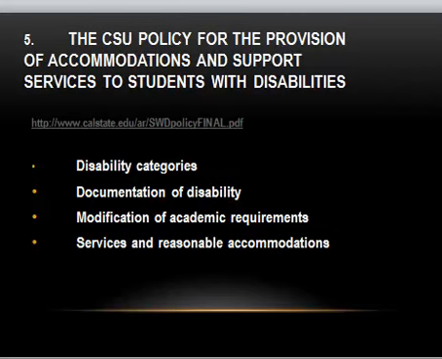Under the website link are disability categories, documentation of disability, modification of academic requirements, services, and reasonable accommodations, all as areas that can be explored on the given webpage link.